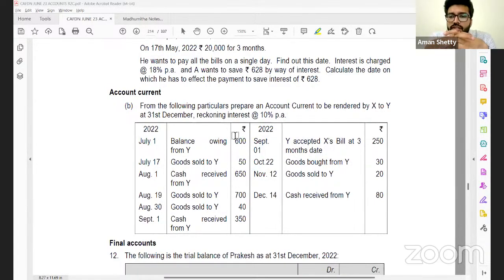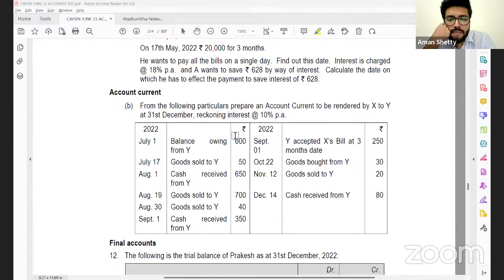From the following particulars, prepare an account current to be rendered by X to Y at 31st December, reckoning interest at 10% per annum. So it is rendered by X to Y and Y in account current with X, correct? Y in account current with X.